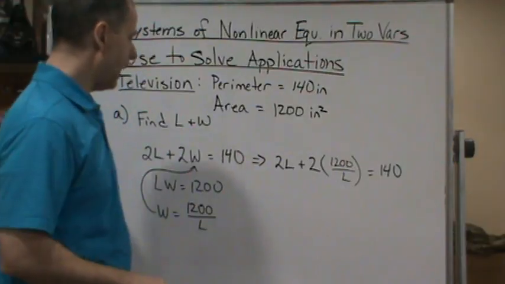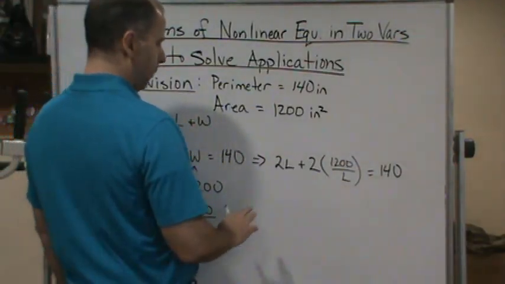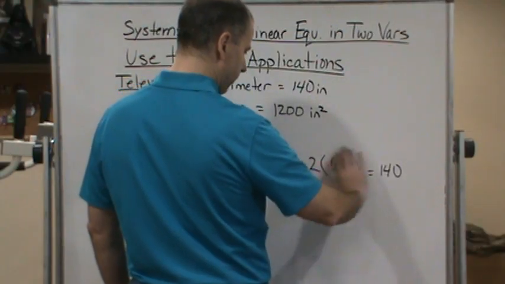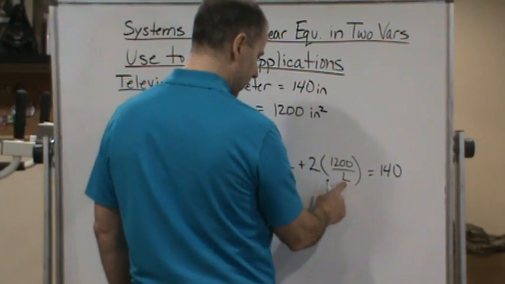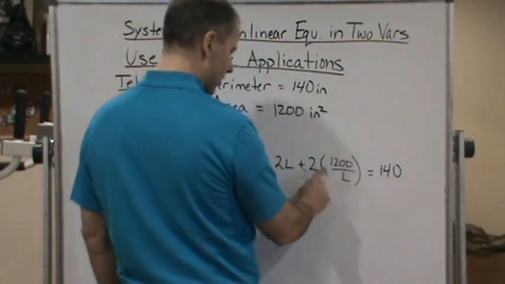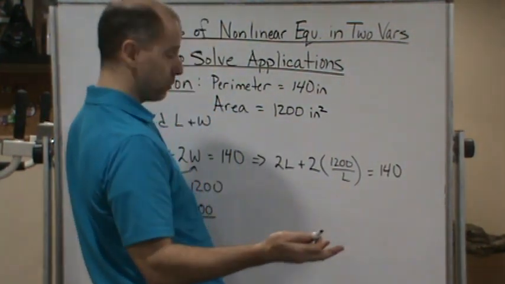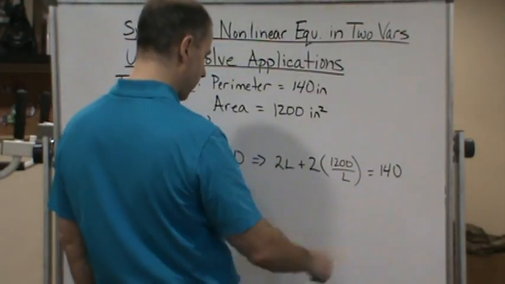Now, because I've got this L in the denominator, I'm going to multiply everything by L to get rid of it. I want to have everything in the numerator. I don't want any fractions or rational expressions.